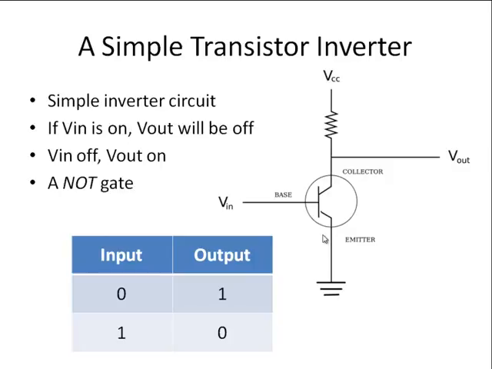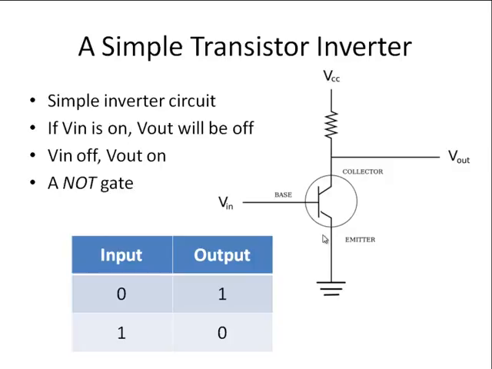So when V in is off, the circuit is broken, and so we don't have a connection from the emitter through to V out, so the voltage at V out has to be VCC. When V in is on, we do have a connection between V out and the emitter, and so the output at V out will be the voltage from the emitter, and the presence of the resistor there between V out and VCC is what will ensure that.